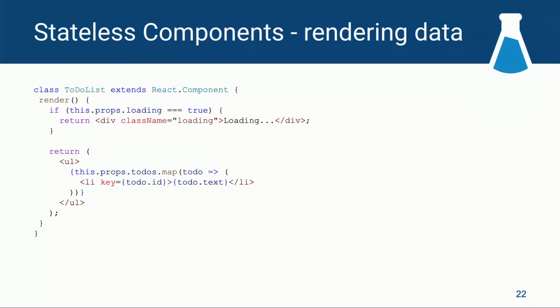It's a to-do list, so I iterate over all of my to-dos, and I render a simple list item. This key is important, but I don't have time to get into it right now. And then here I just render the to-do text, right? So this component is really simple. It's only rendering. There's not a lot of logic in it. This is great. It's easy to test.